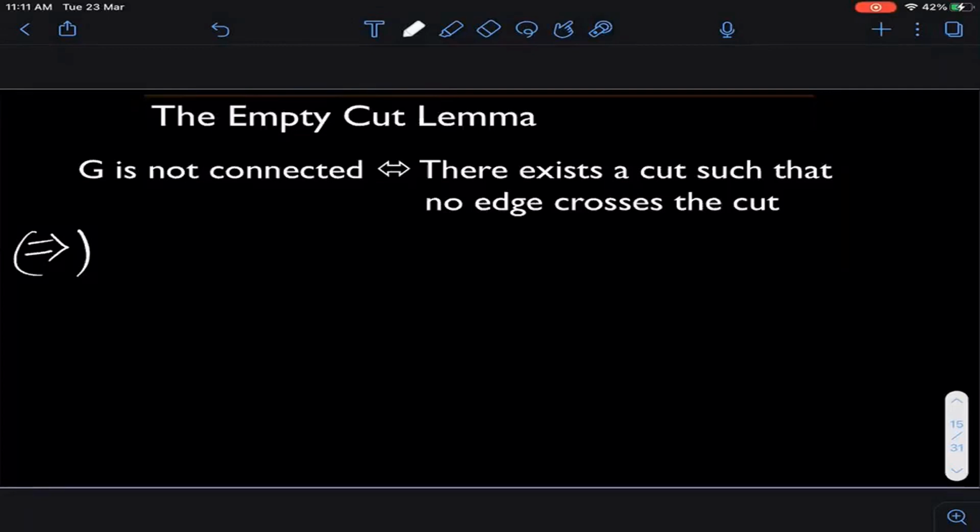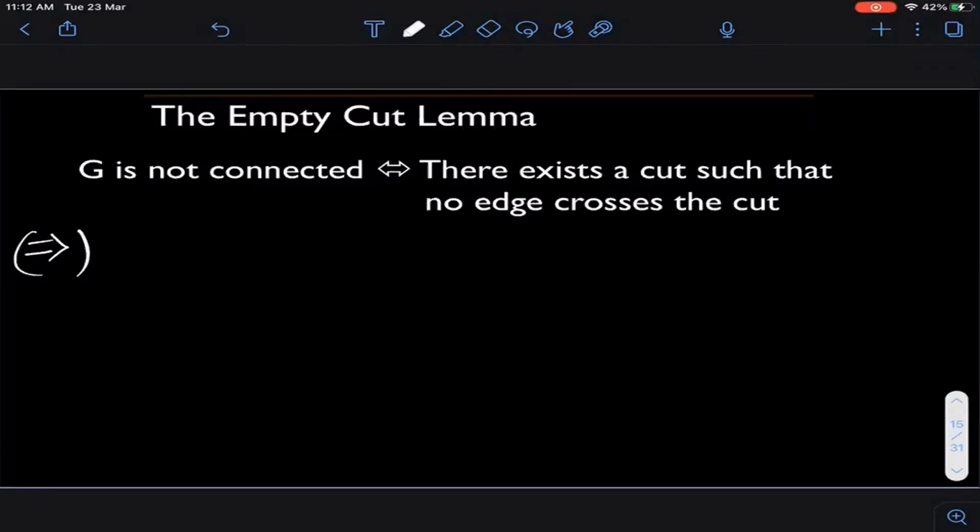Good. So Soham has proposed the perfect first step. So what he's saying is, and I think most of you have got the thing, I guess. So what you do is, because this graph is not connected, there has to exist two vertices which are not connected to each other.